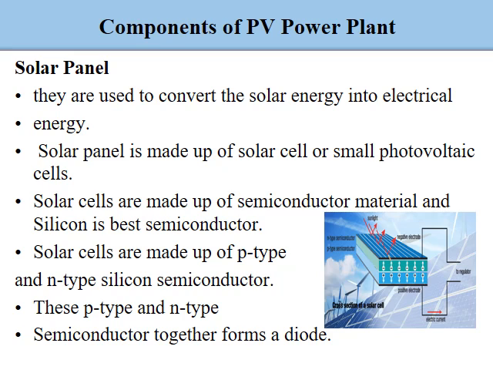These p-type and n-type semiconductors together form the diode. When sunlight strikes the surface, the working starts. You can see here is a positive electrode and a negative electrode. So due to the flow of electrons, the electric current is produced.